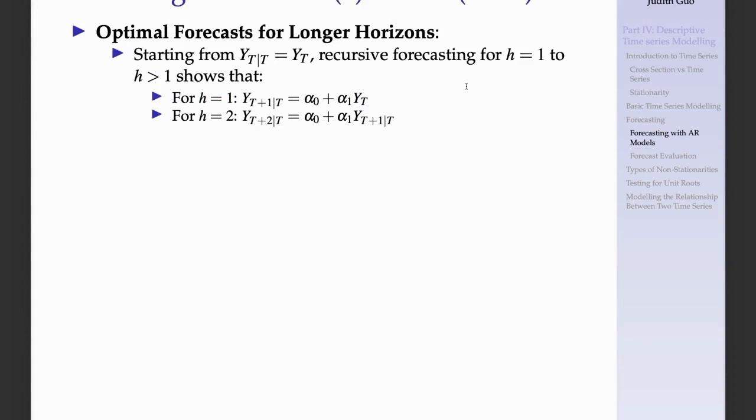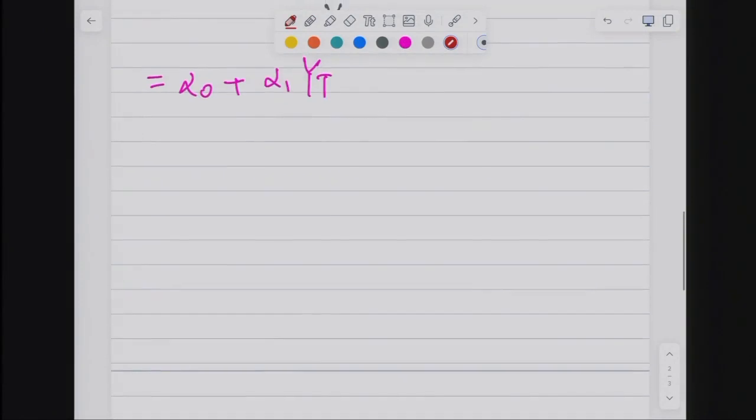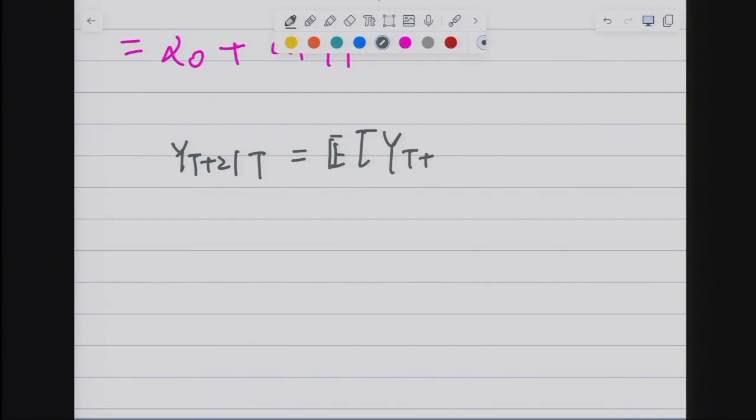Now, when h equals 2, which is our two-step ahead forecast, then our optimal two-step ahead forecast is again the conditional expectation of y_{T+2} given all past history up to time T.